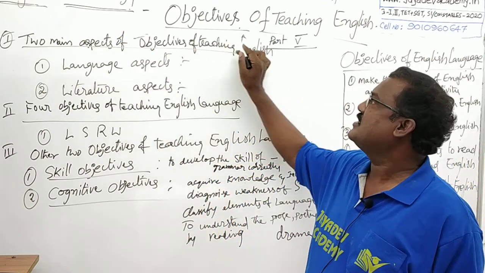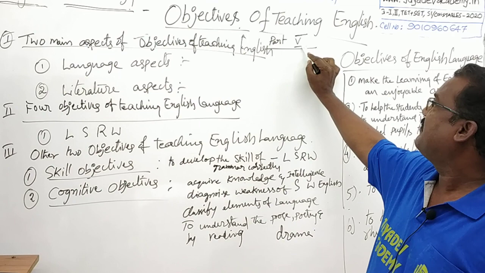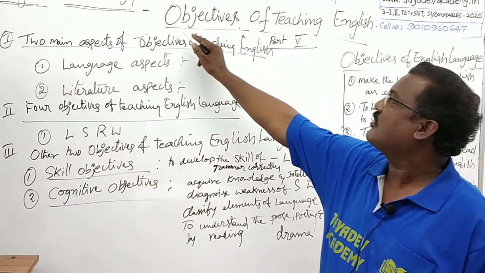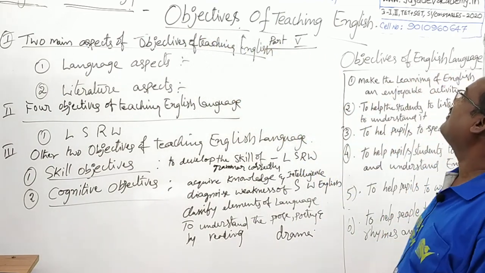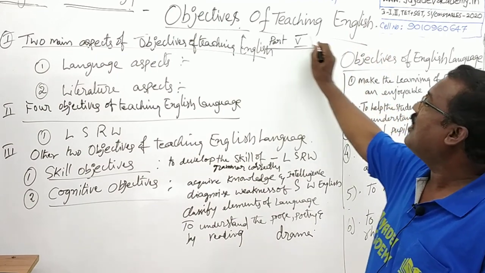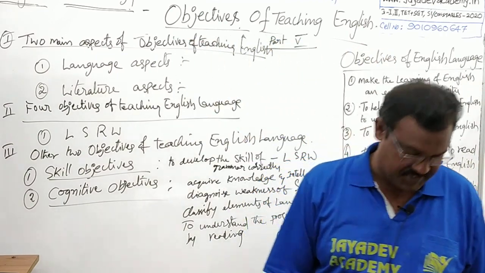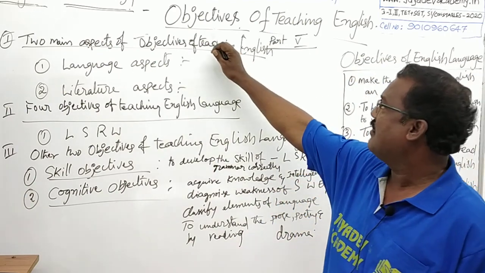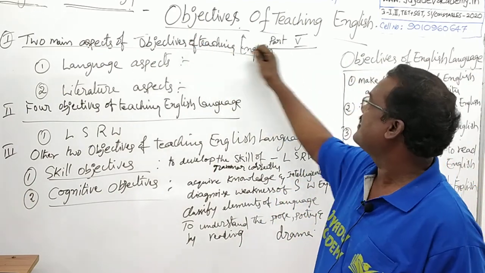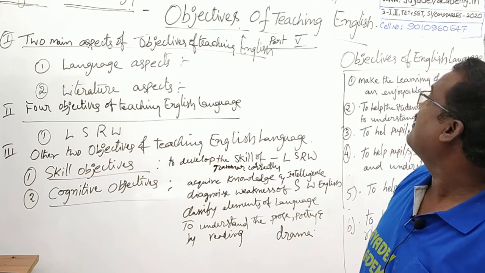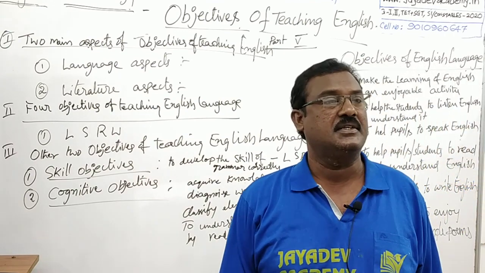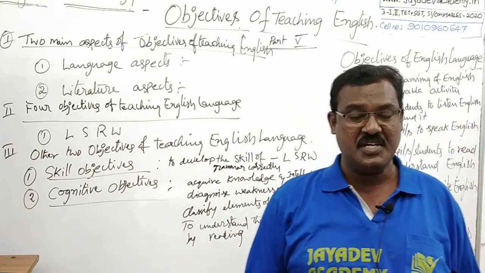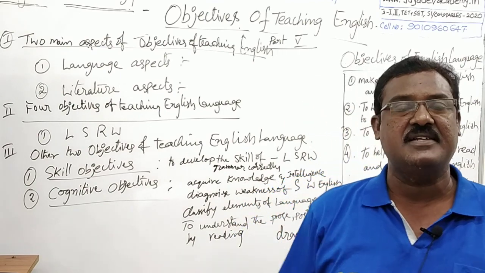In this methodology, as the fifth part, we are going to discuss objectives of teaching English. The topic itself says it: objectives of teaching English. Here, the teacher is teaching English in the classroom to the students.